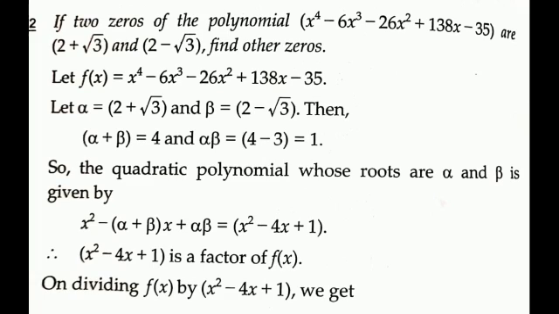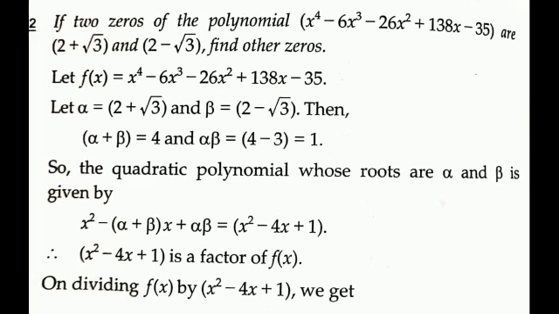As we know, for a quadratic polynomial whose zeros are given as alpha and beta, we can find the required quadratic polynomial using the expression x square minus sum of zeros into x plus product of zeros.